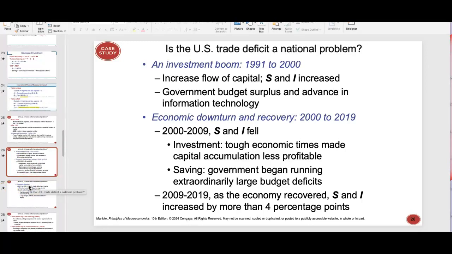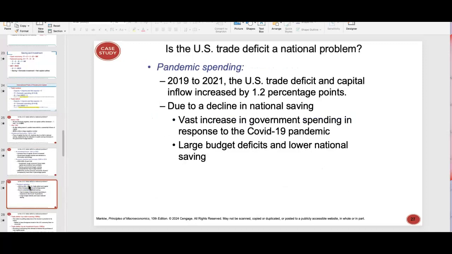And so again, we did not do so well on our budget deficits, and there was another decline in national savings. Again, a large budget deficit and lower national savings affected trade also.